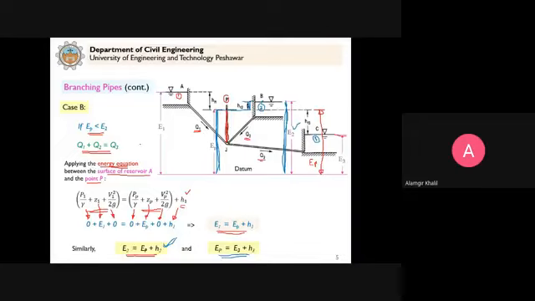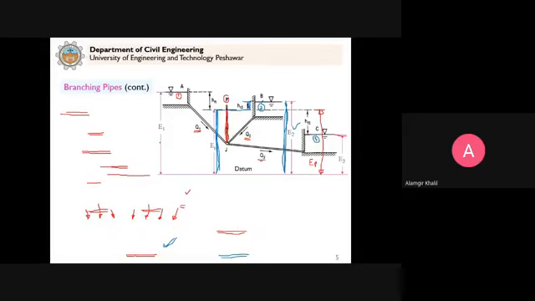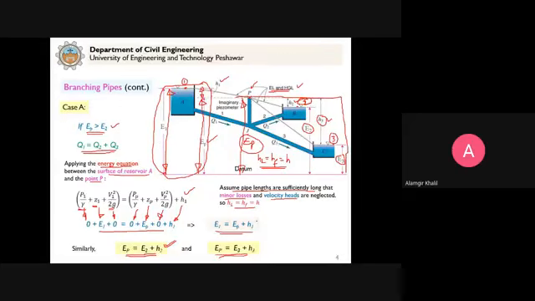Now, what is the basic difference between case A and case B? If you consider case A, we have E1 equal to EP plus H1. This is also the case in case B. EP is equal to E3 plus H3. This is also the case in case B. Case A and case B, these are common.